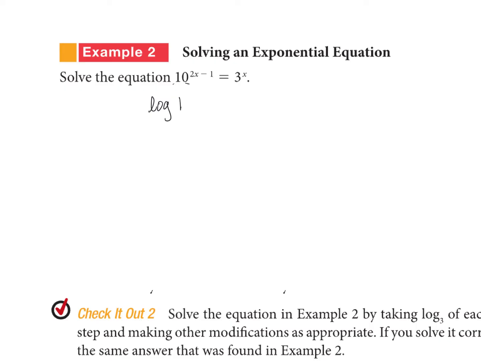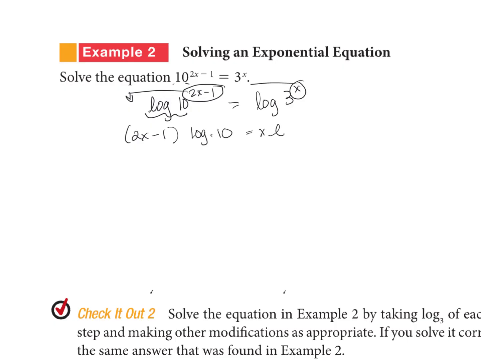So common log of 10^(2x-1) equals the common log of 3^x. So the exponent 2x minus 1 is going to come down here, and you get (2x - 1) times log 10 equals, bring this x down, x times log 3.